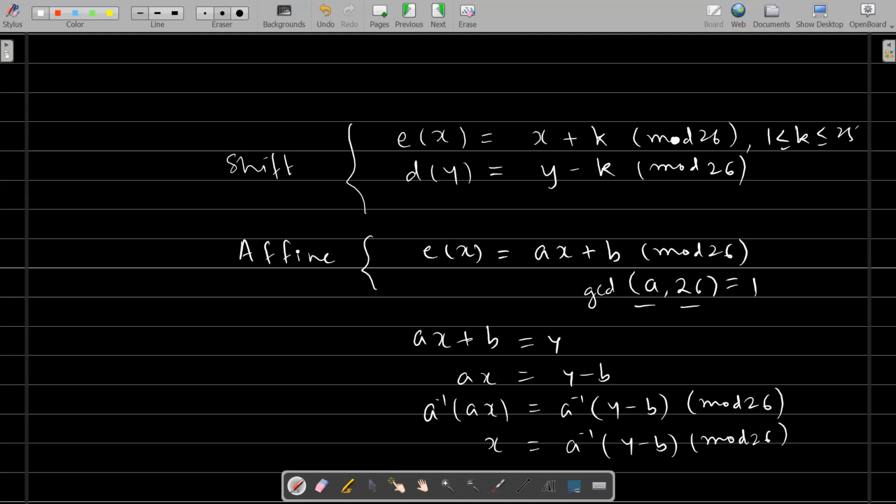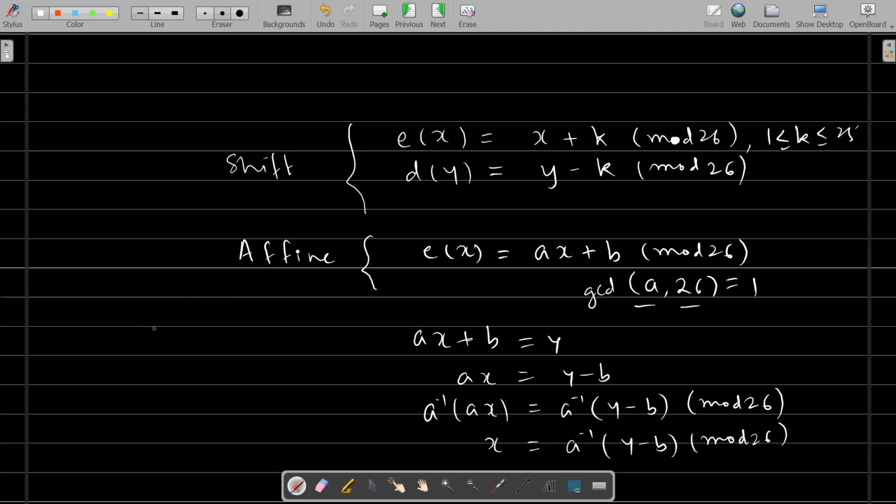So can you repeat why A power minus 1 is not 1 by A? This is just a symbol or notation I'm using for inverse.